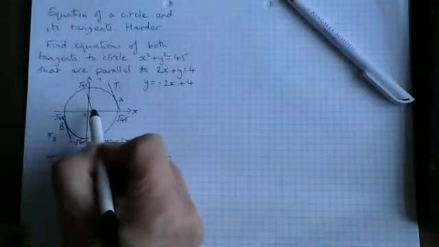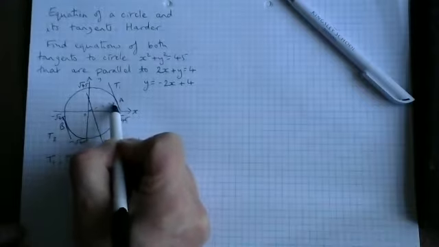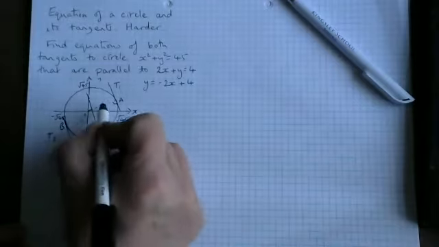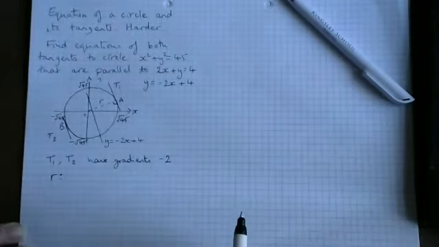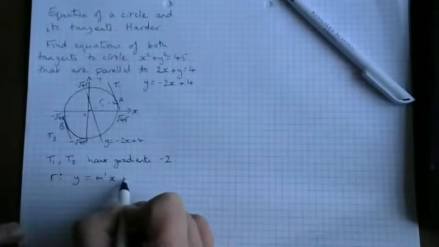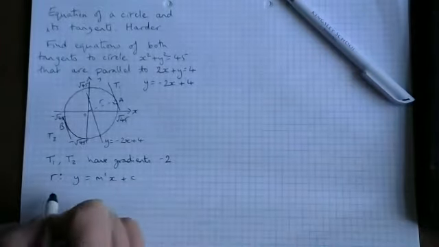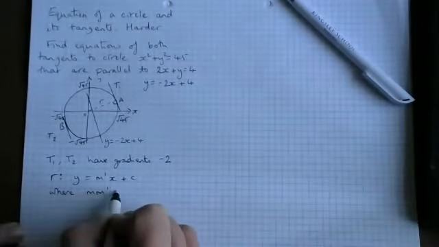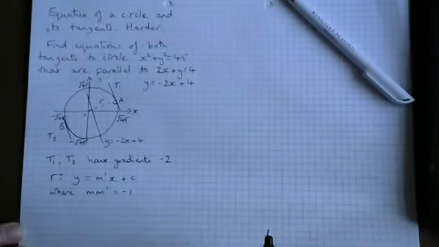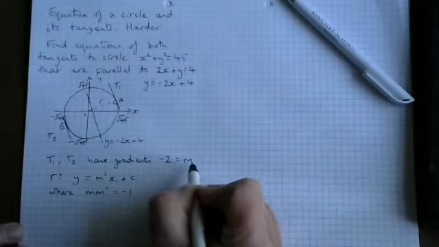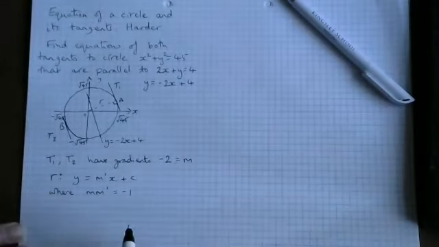Okay, we'll draw a radius to A. R is the radius, such that y equals m prime x plus c, where m prime equals minus 1. I haven't called this m, so let's call that m, where m prime equals minus 1.